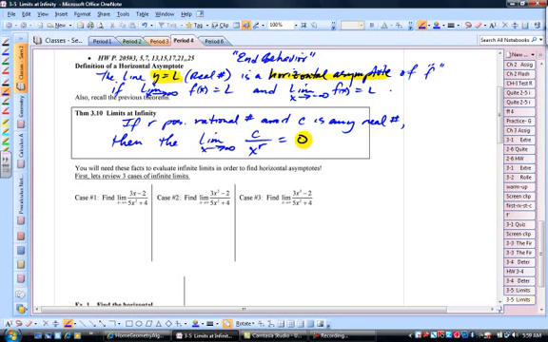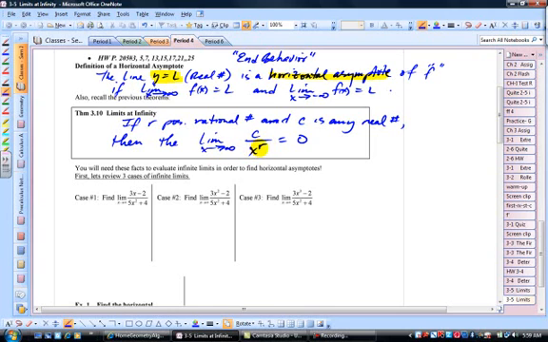Now why is that? Well, the numerator is any real number, so c is a constant. And the denominator, if you take x to infinity, is getting extremely large. In fact, it's getting infinitely large because r is a positive rational number.